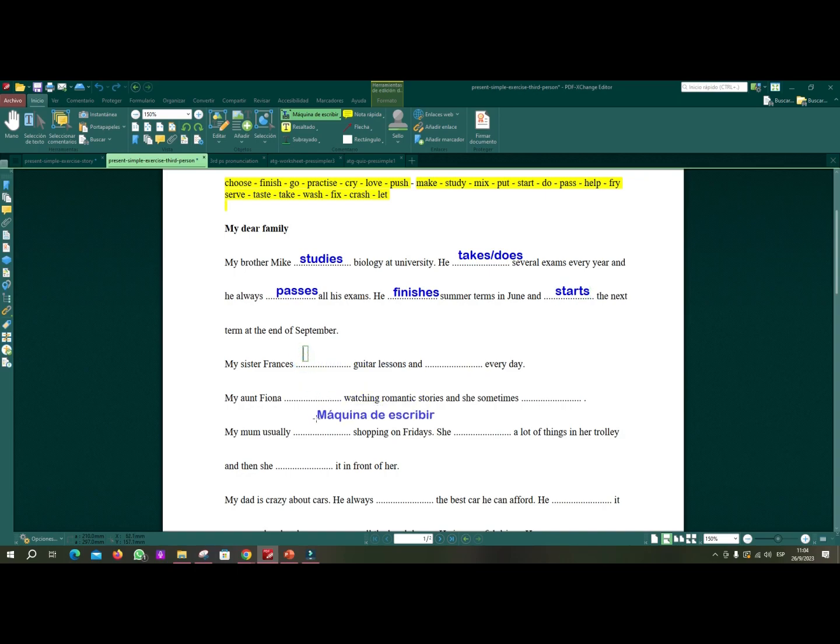So, my sister Frances, right, takes guitar lessons. And every day she practices. We can say that. Practices, right? Every day.